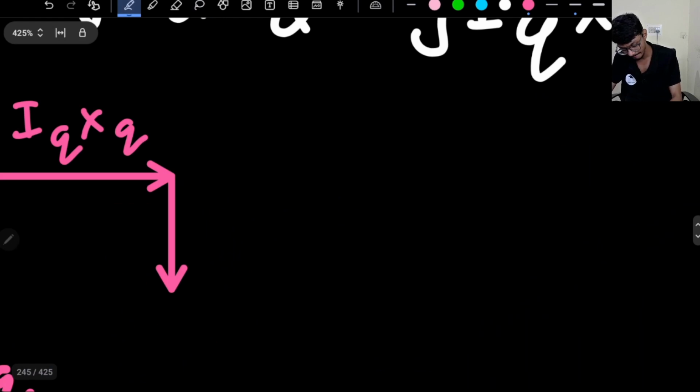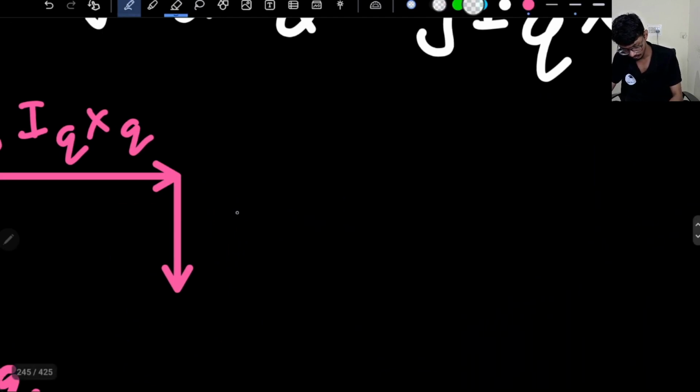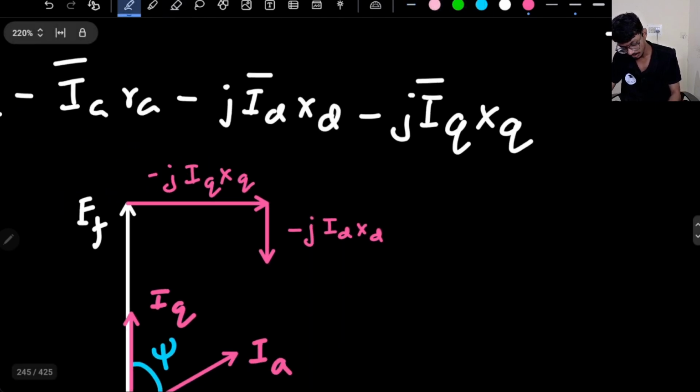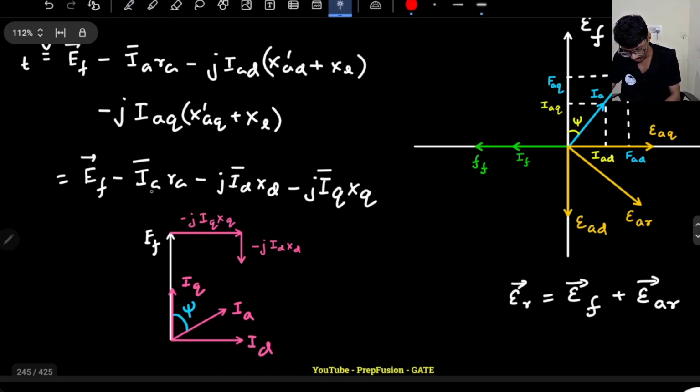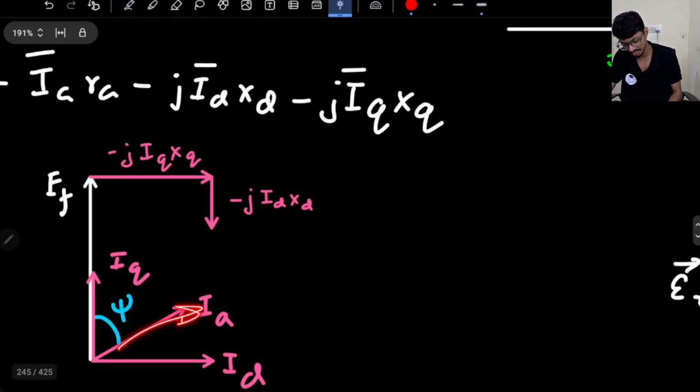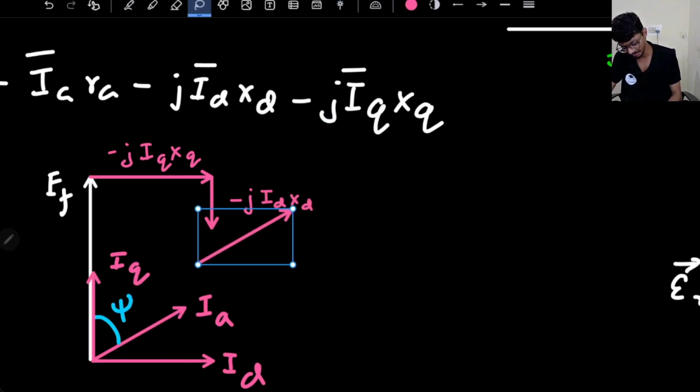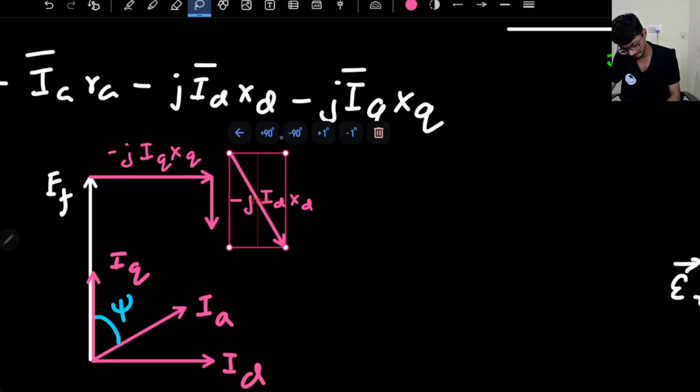So this will be my minus j ID into XD. Okay, now what I will do, again I have to subtract minus IRA. So IA is in this direction, minus IA will be in this, just in the opposite direction, correct? Just minus 1 means 180 degree, right? So minus 1 will be 180 degree.